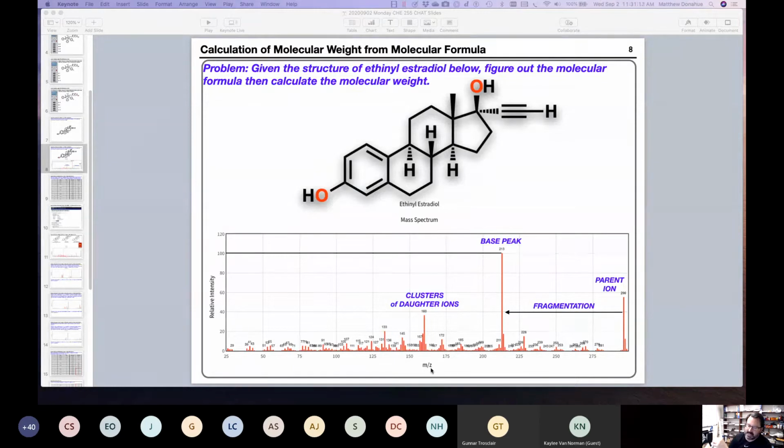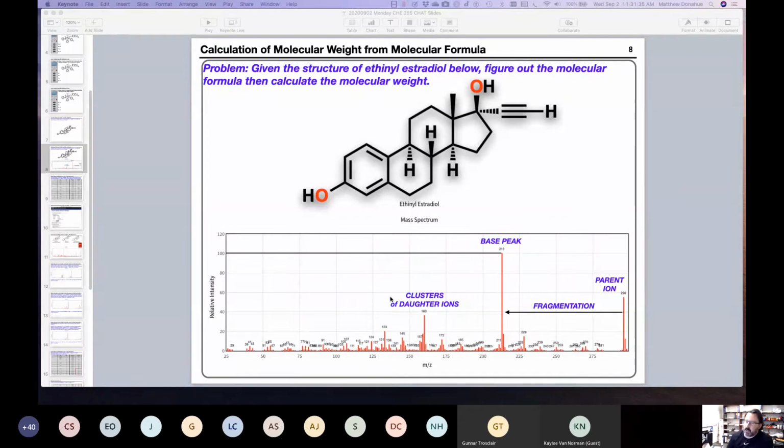For us right now, z is equal to 1, so you can just think of this axis as mass. Relative intensity, even though this scale goes to 120, you can think about abundance. It's basically 0 to 100.